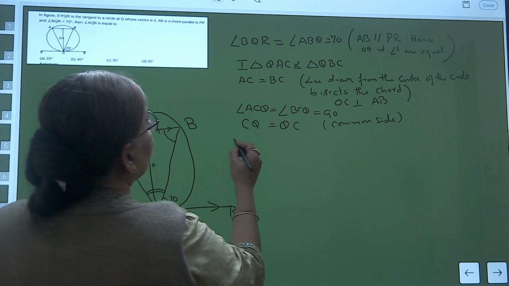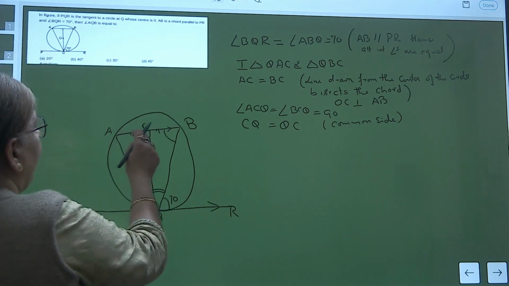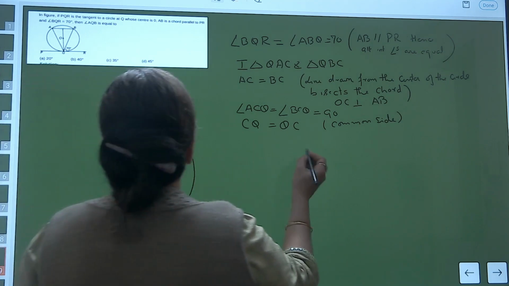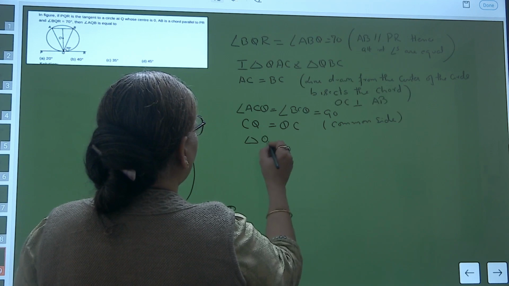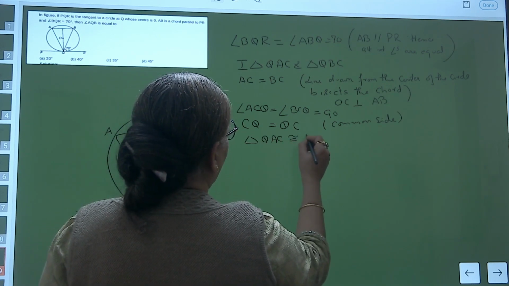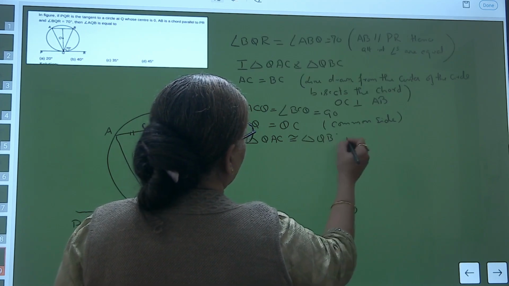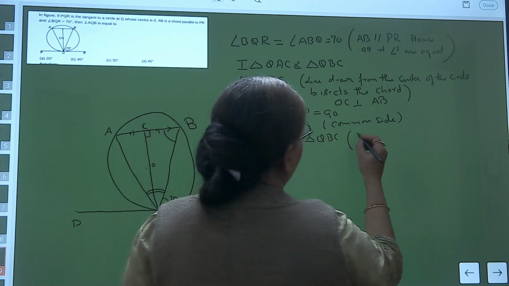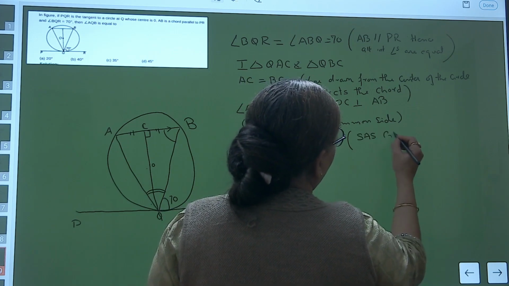Okay, then by SAS criteria, side angle side, triangle QAC will be congruent to triangle QBC by SAS criterion.